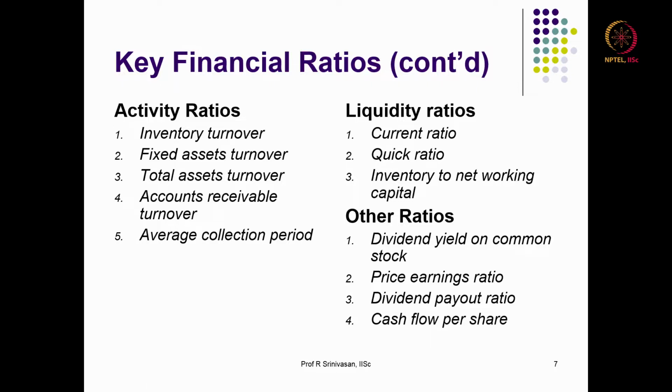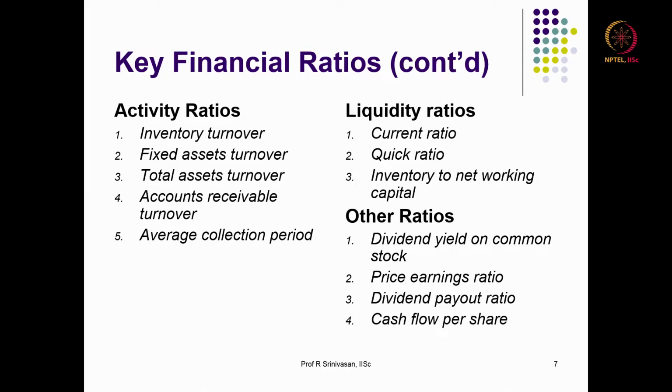Accounts receivable turnover, that is annual credit sales divided by accounts receivable, gives a measure of the average length of time it takes the firm to collect on sales made on credit.